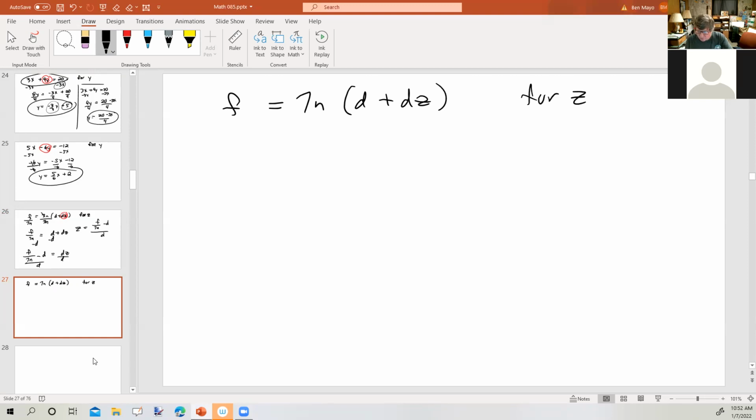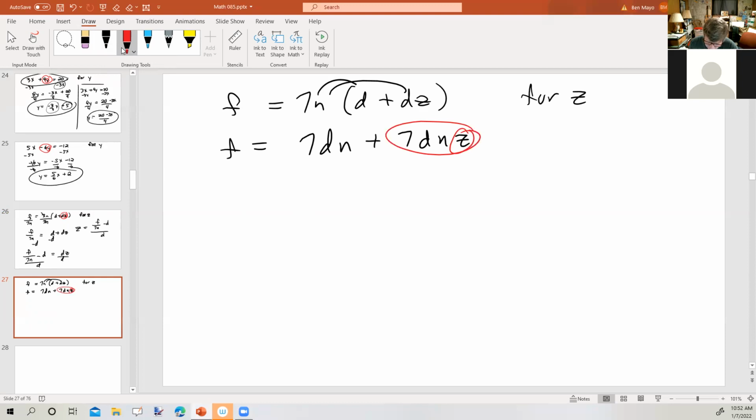This time, let's distribute first. So we're going to take 7n times d, so 7dn, plus 7n times dz, 7dnz. And again, if you've forgotten, when you're writing a term, you want to put the variables in alphabetical order so that it's easier to identify which terms are like terms and which ones aren't. So now, this is my variable. And at this point, this whole thing is my variable term.